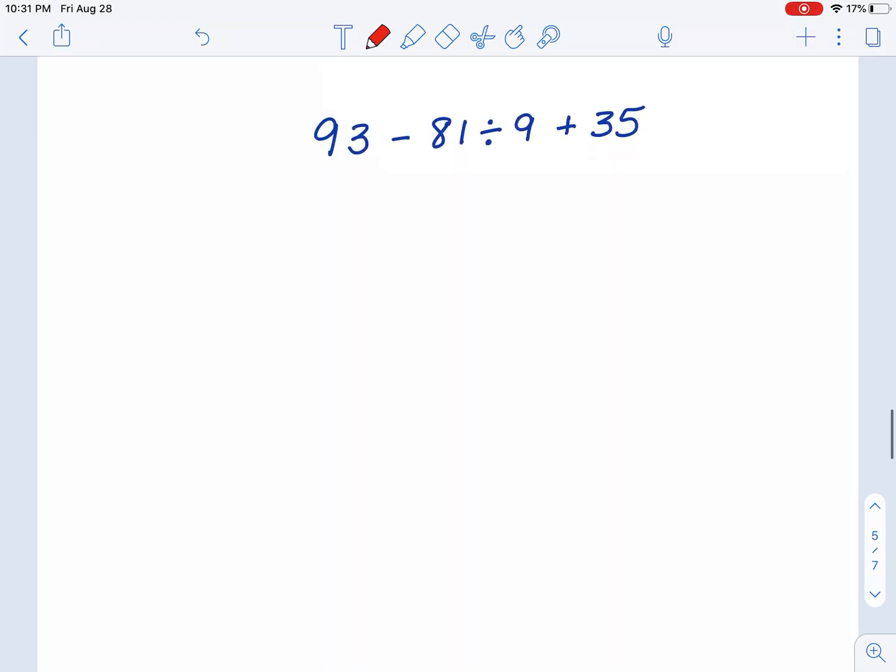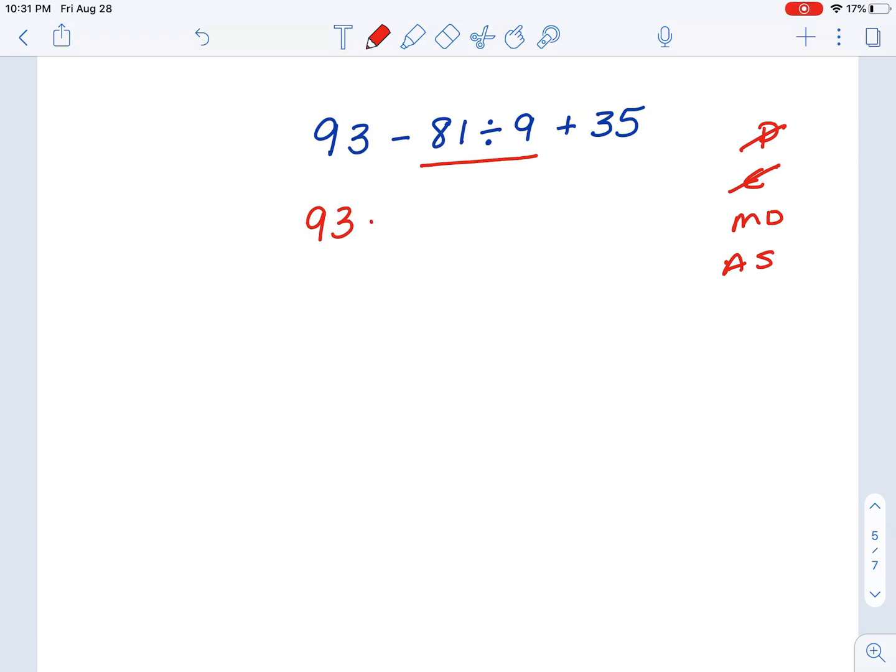And then one more with a little bit of everything. Do I have any parentheses? No. Do I have any exponents? No. Do I have any multiplication or division? I have division, and it's in the middle of the problem, and that's okay.